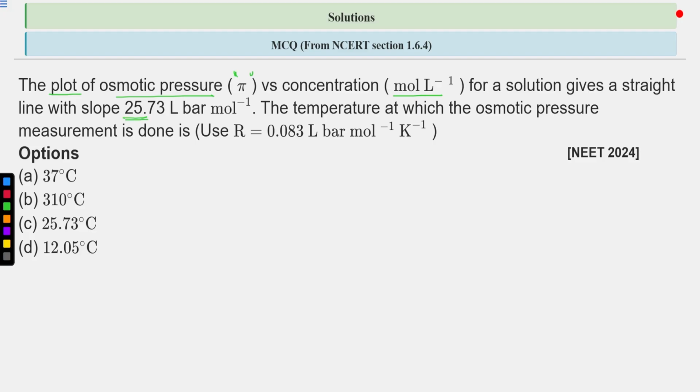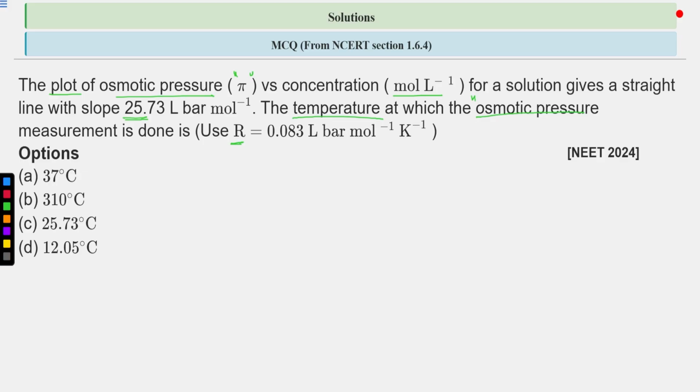The temperature at which the osmotic pressure measurement is done is. So first of all, in this question, we have to tell the temperature, at which you can measure the osmotic pressure. The given value is of R, the gas constant, and you can use R as 0.083 liter bar per mole per Kelvin while solving this question.